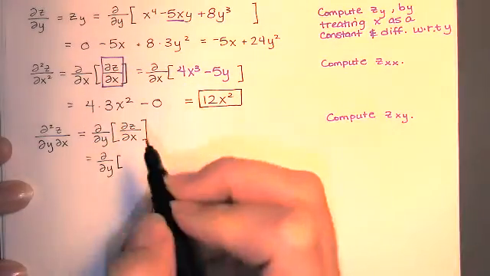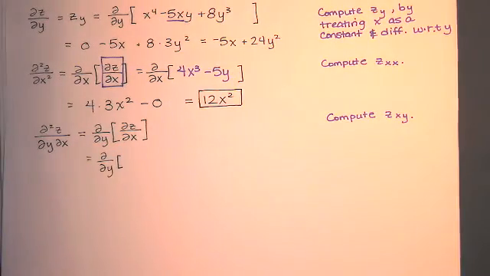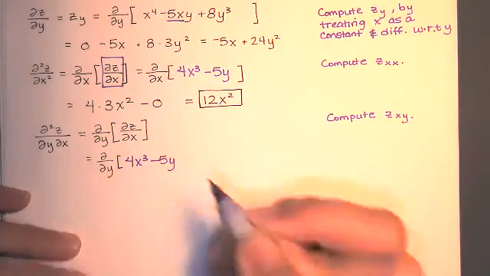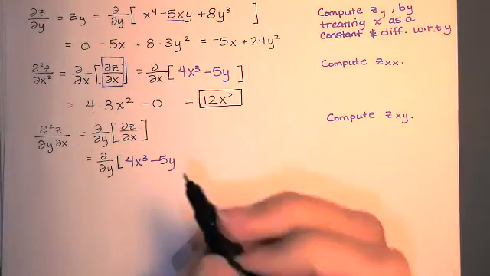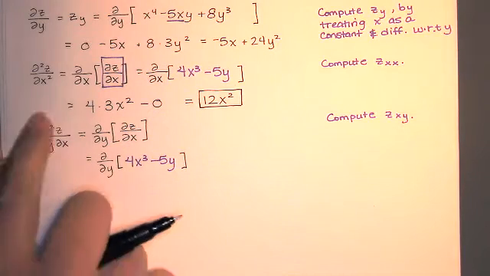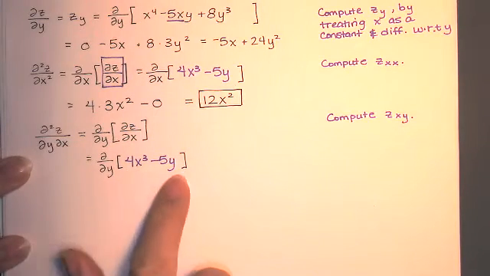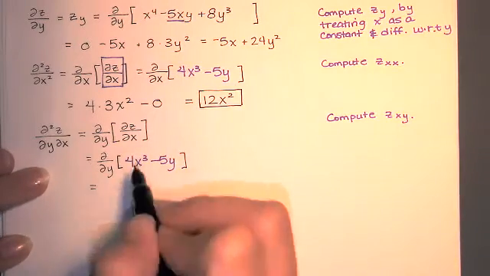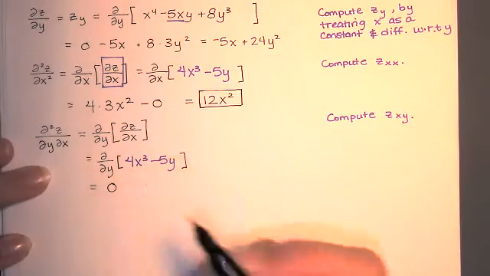So you're just taking the partial of 4x cubed minus 5y. That's the partial of z with respect to x, and now because we're finding this mixed partial, we're taking the derivative of that with respect to y. Derivative of 4x cubed with respect to y is 0 because there are no y's in that.